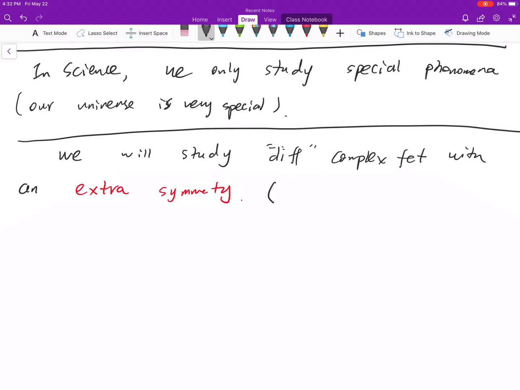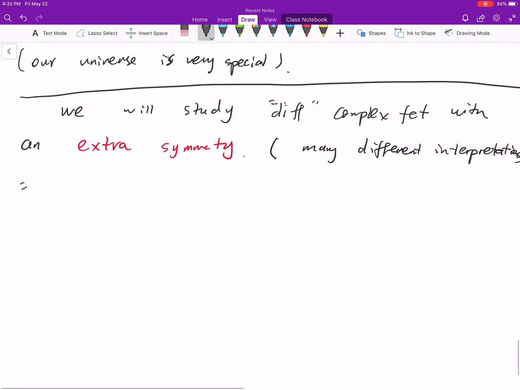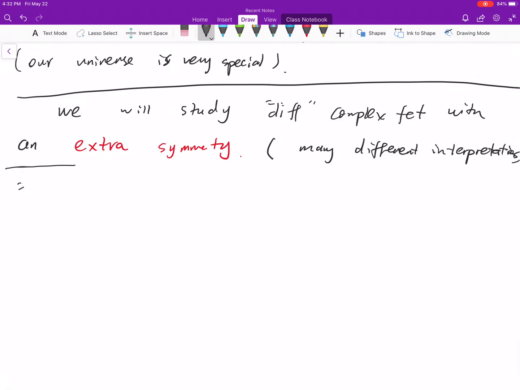There are many different interpretations of the actual symmetry. I will introduce some of them. So the first way is that we require the following to hold.